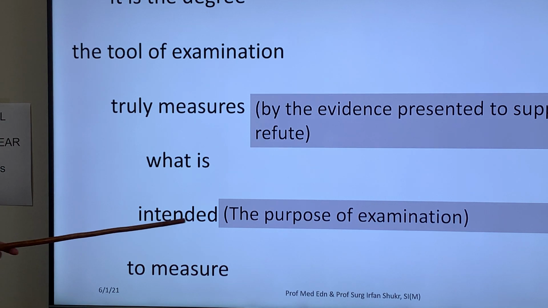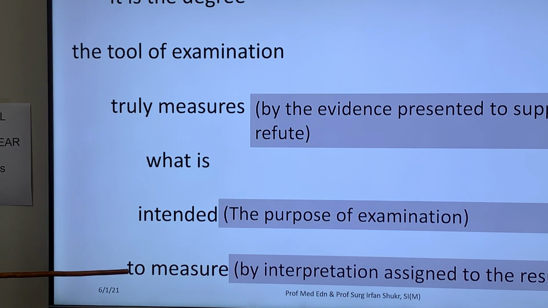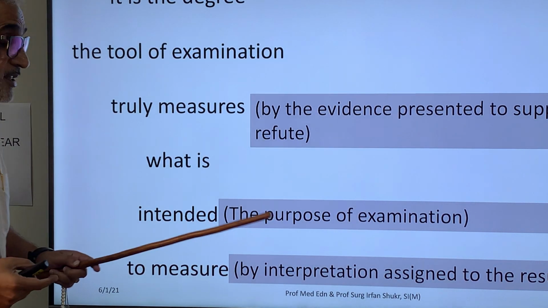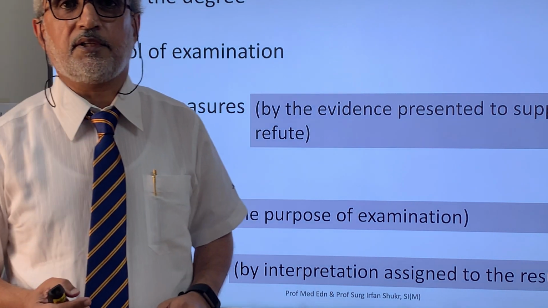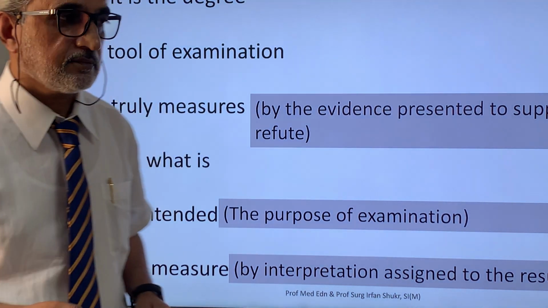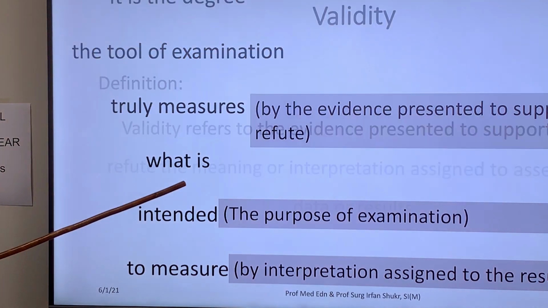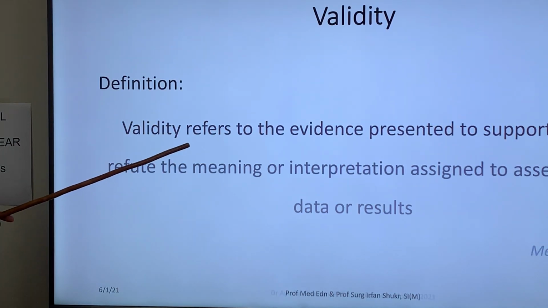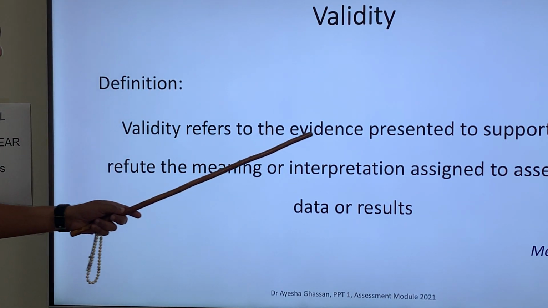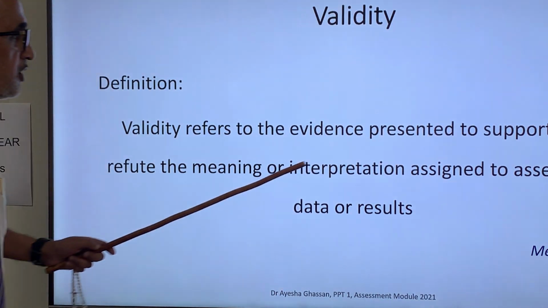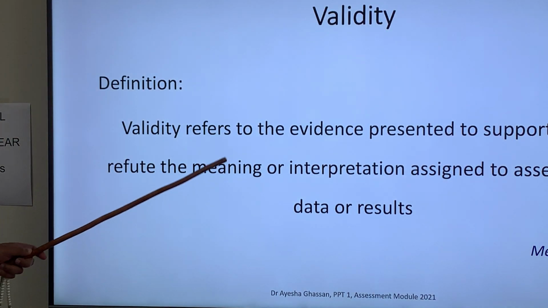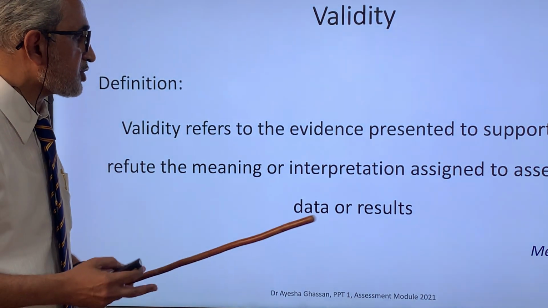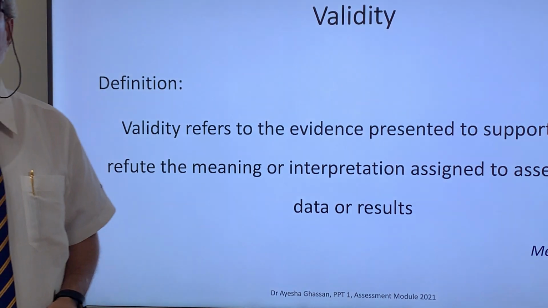What is intended, the purpose of examination, to measure by interpretation assigned to the result. Therefore, we can also define validity as the evidence presented to support or to refute the meaning of interpretation assigned to assessment data or results.